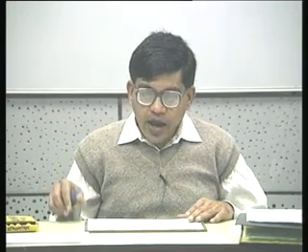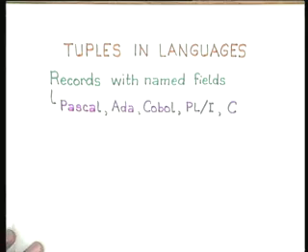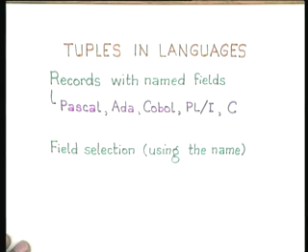Okay. And the fact that you have got named fields means that you use a field selection operation which uses the name. So, field selection in a record is the major operation to extract an individual component of a record.